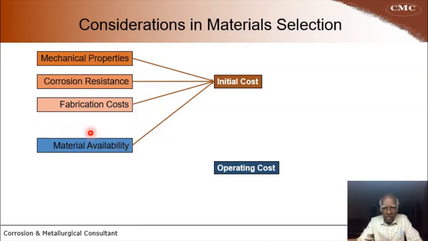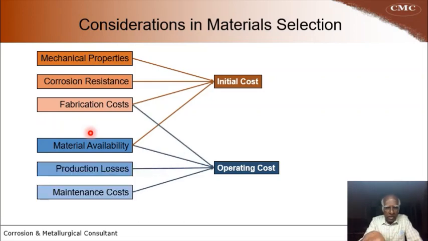In addition, there is an operating cost. The operating cost consists of four contributions: the material availability as and when required, the fabrication costs to make the spare parts, production losses due to the necessity of changing the parts, and maintenance costs, which are additional fabrication cost.